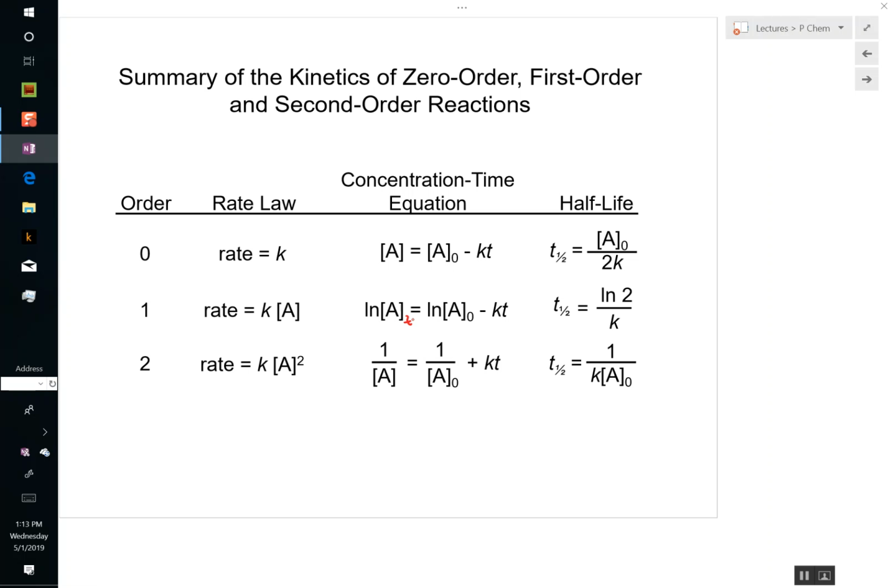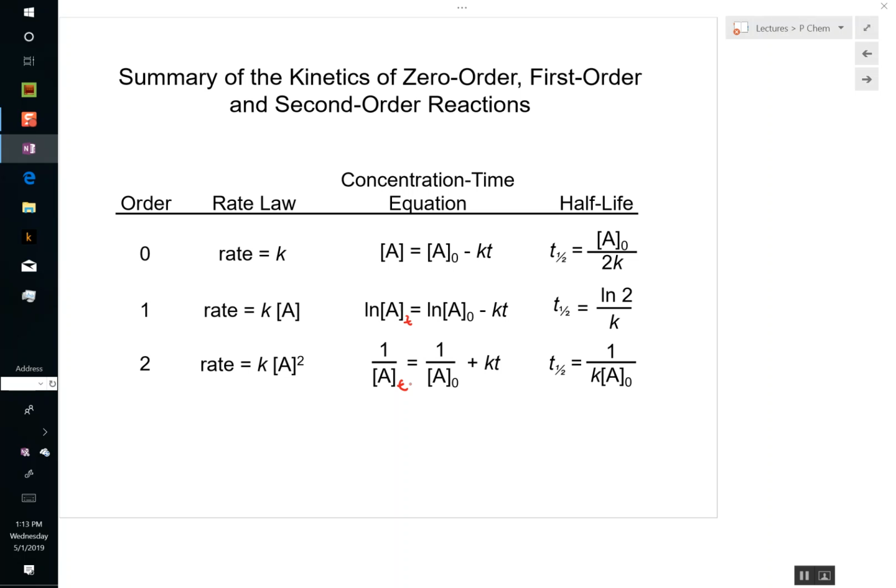And you get 1 over A_t equals 1 over the initial concentration plus kt. And it shows you the equations for the half-lives. What we pointed out on the first order is that the half-life is independent of the concentration of the reactant. Doesn't depend on that. So this is really where you get this half-life concept in radioactive decay.